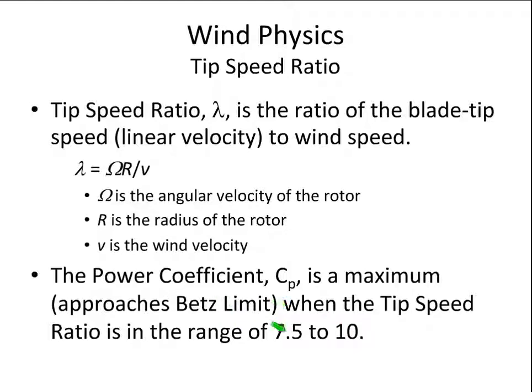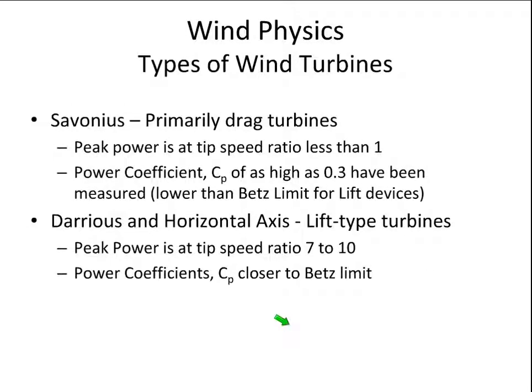And so if you think about the Savonius turbine having a tip speed ratio of 1, its efficiency cannot even begin to get close to the Betz limit. So your efficiency is very low. They're inherently not efficient machines. Again, the Savonius turbine is primarily drag.